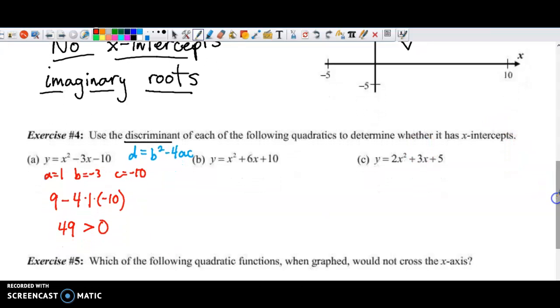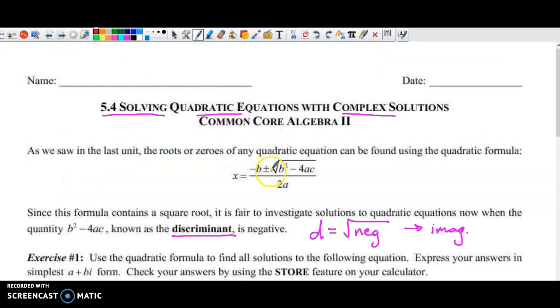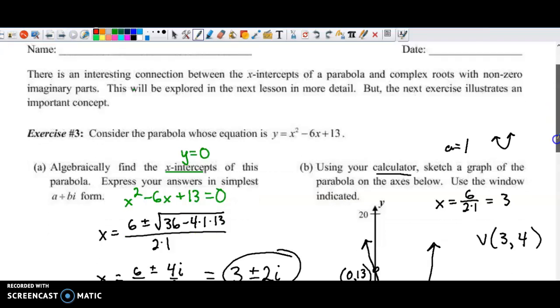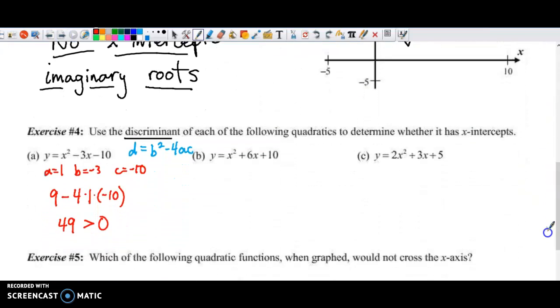And the thought process is, if I go back to the formula, if we square root and we get a positive number, we get two answers, because if you add or subtract the square root of 49, you're going to get two different numbers. So what does that mean is that, first of all, it has x-intercepts, but it has two x-intercepts, two real x-intercepts.